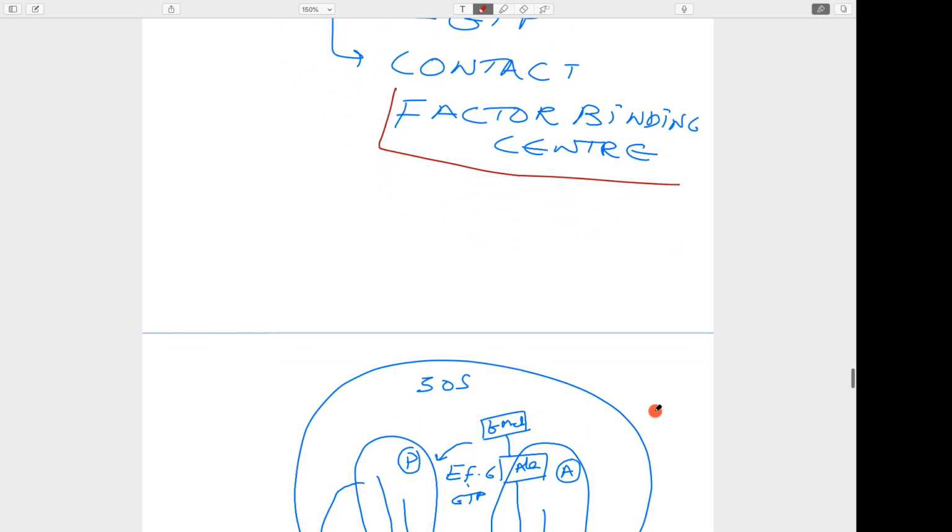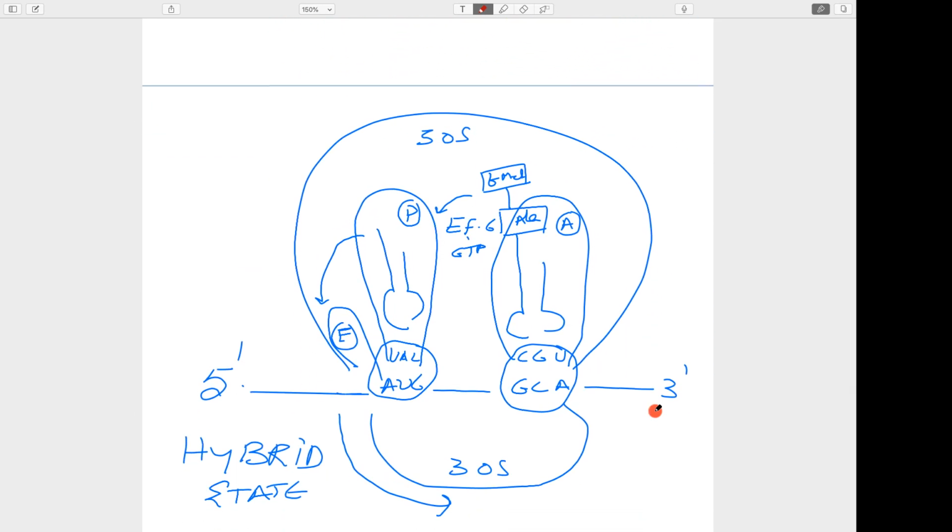Then here a hybrid state happens, as I explained. There is a discrepancy in the movement of the 50S and 30S units of the 70S. Deacylated transfer RNA tends to move towards the E site, and the peptidyl amino acid at the A site tries to move towards the P site. But the anticodons are still at the same place, as part of the 30S.